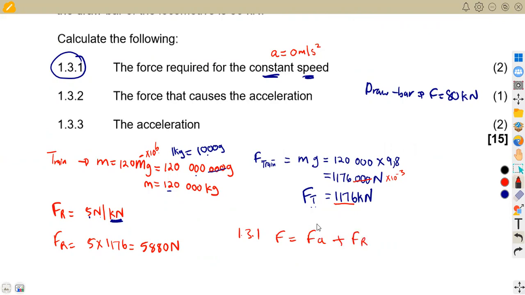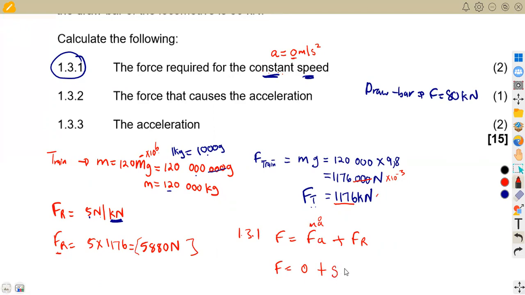But the accelerating force, which is mass times acceleration, is going to be 0 because acceleration is equal to 0. Whatever you multiply the mass by a 0 acceleration, we are going to obtain a 0. Plus now the resistive force, which is the one that we calculated from that information.